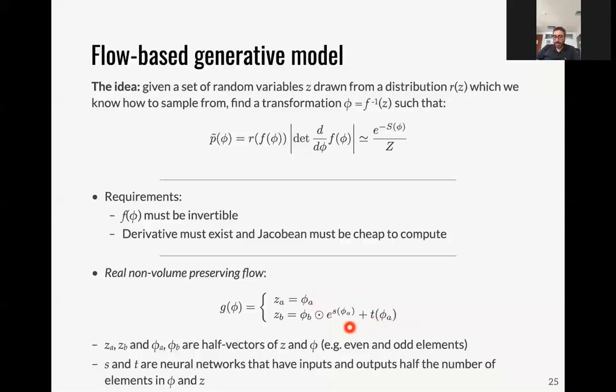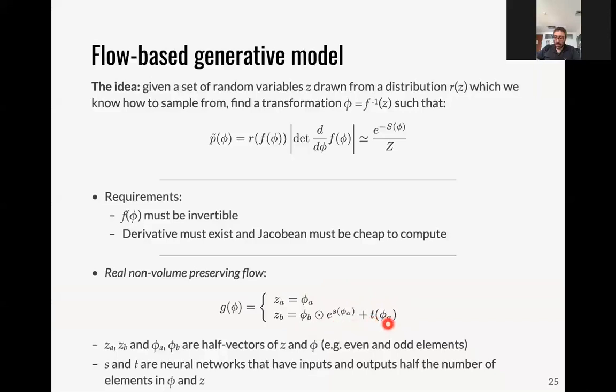And you apply this transformation, G of phi, where you leave one half untouched, and then the other half is basically a linear transformation, right? So the other half is being scaled and shifted. That's why this is S for scale and T for translate.